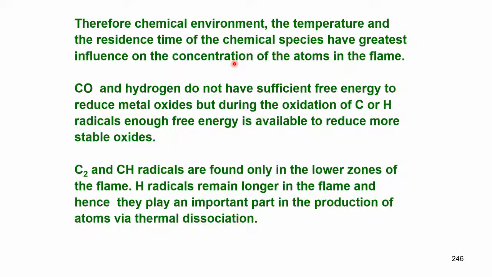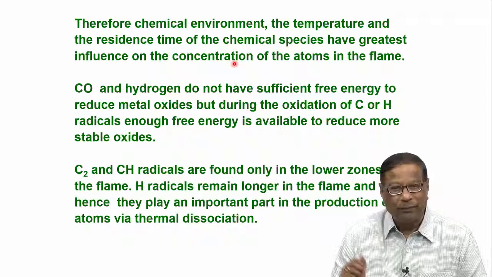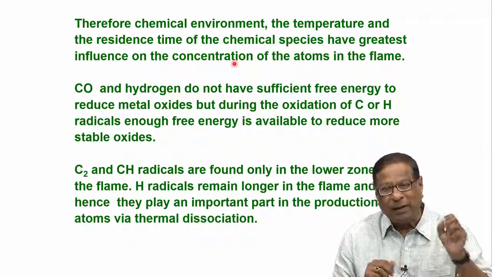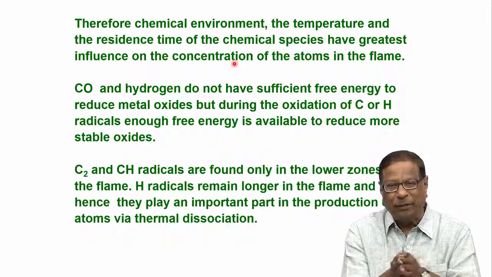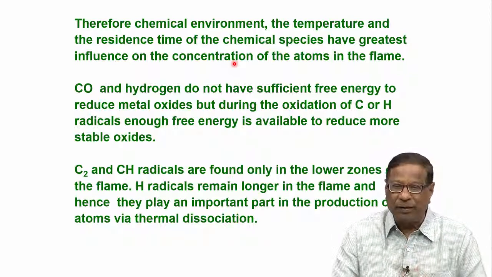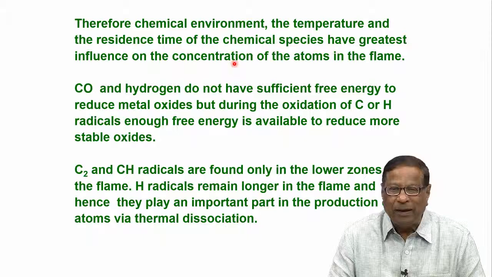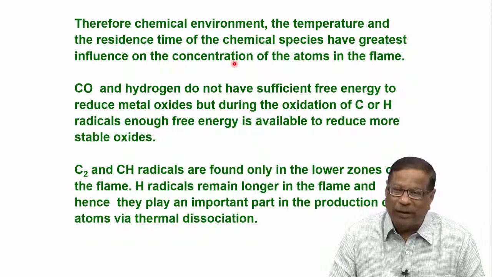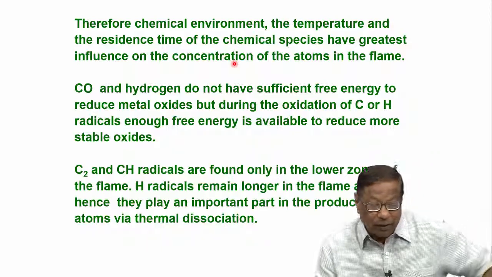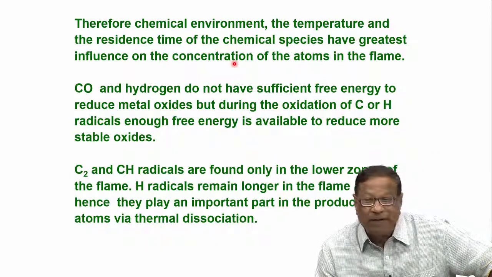That means, if you take a metal oxide, expose it to carbon monoxide or hydrogen atmosphere and then heat the mixture, you may not get the metal oxide reduced to the metal, because the free energy of these carbon or hydrogen radicals is not sufficient.